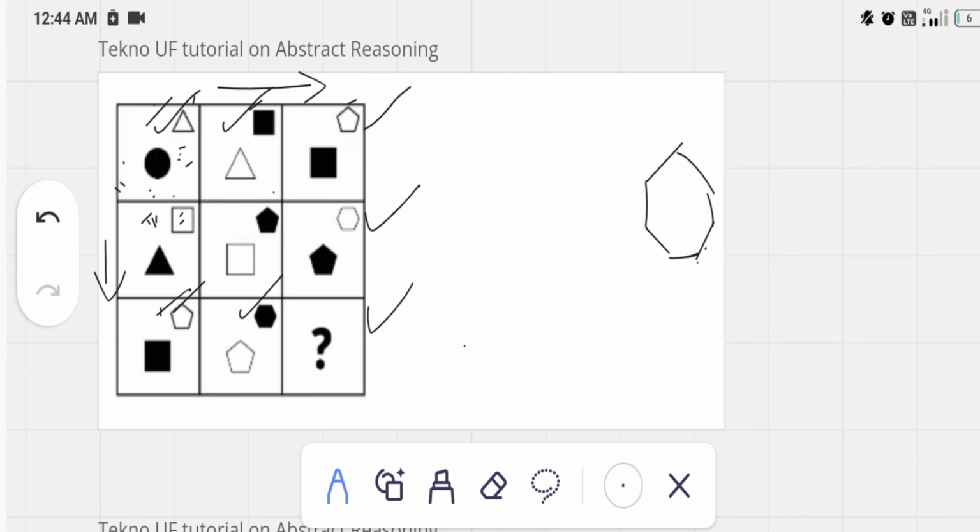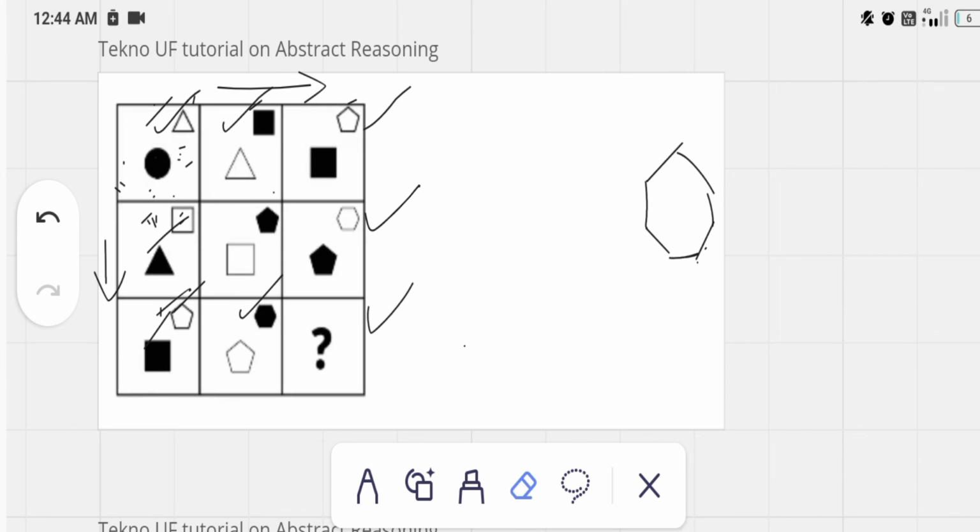And in the second box of the second row there is a triangle, and here is a new figure, a square. All are unique figures, right?